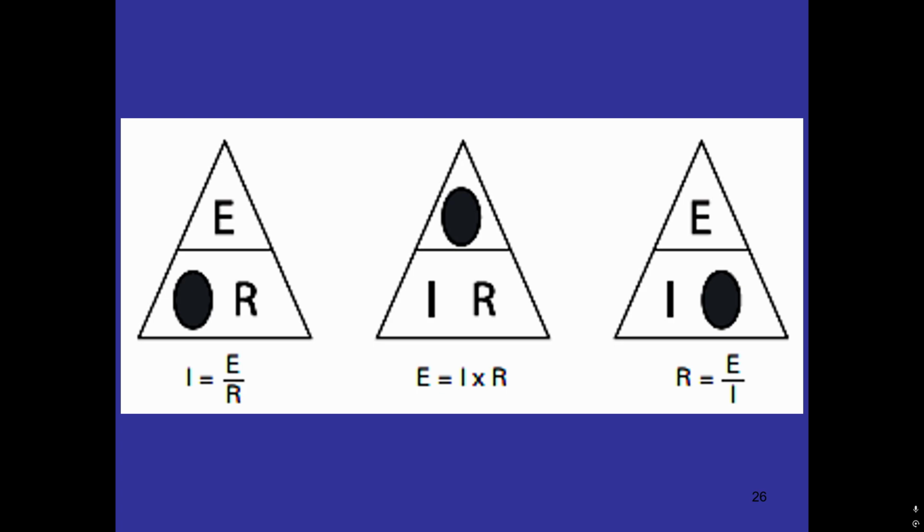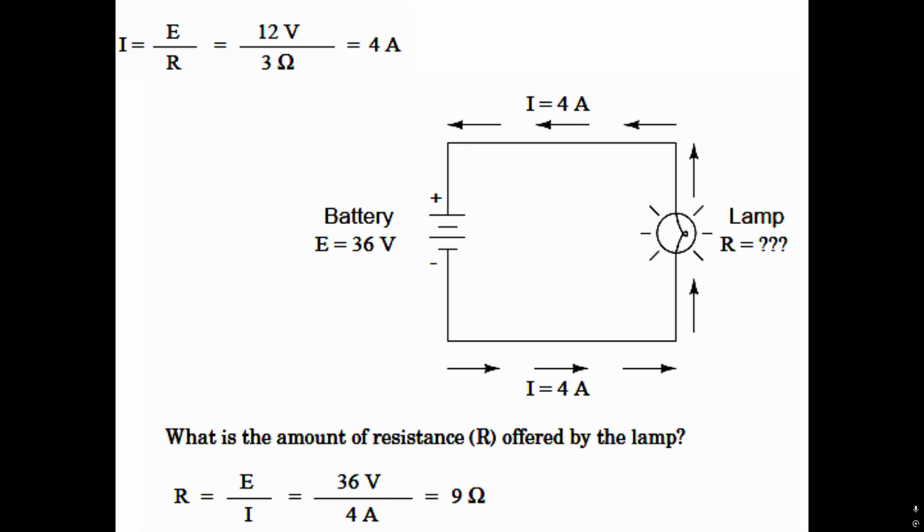So let us illustrate this by a simple example. Consider a battery whose voltage is 36 volt, and a lamp. By means of wires, the lamp and battery are connected.